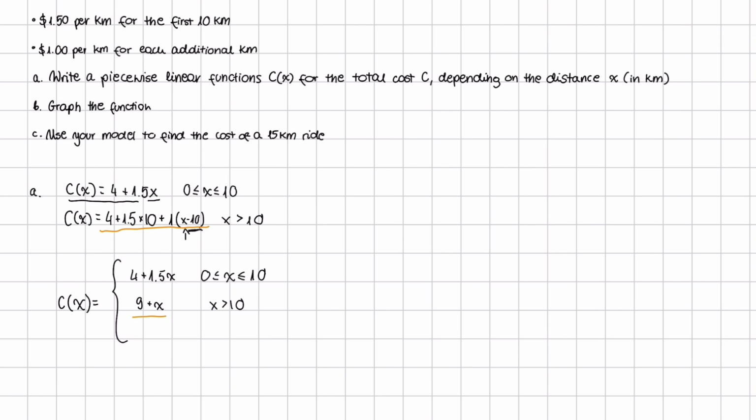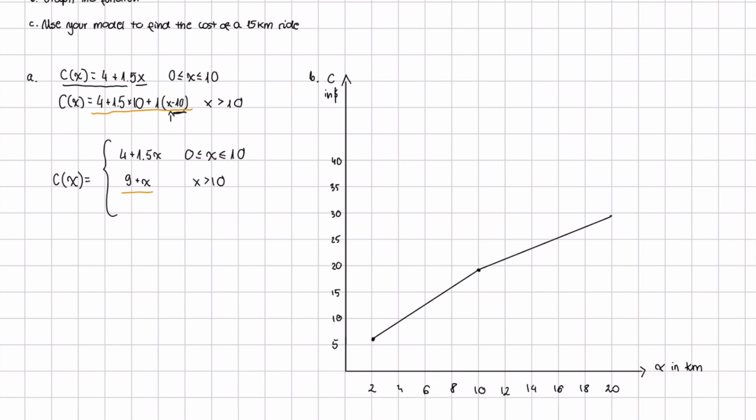And in point B, we have to graph the function. So the easiest way is to graph it on your GDC and then write it on paper. So this is our piecewise function. Here is the point of interest, because our domain for the first function ends at 10, and for the second function it starts at 10, open.